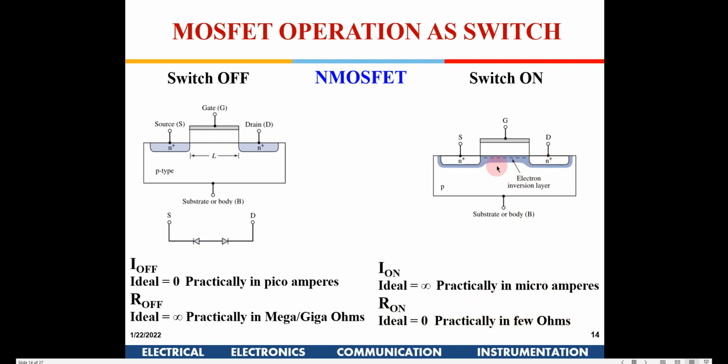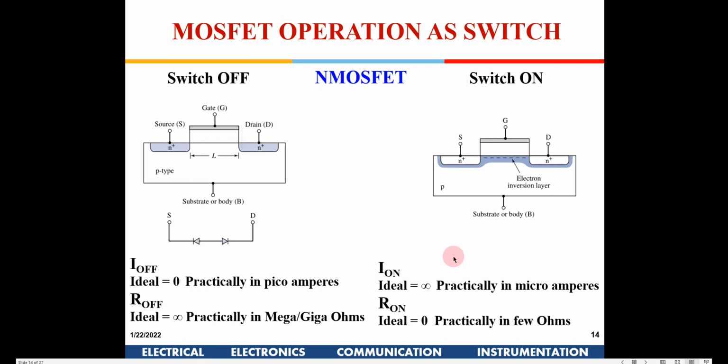With a mechanical switch, the moment you switch on, source and drain get shorted to each other, but here the current is limited by the ID equation which we have seen. The current in the channel is restricted by ID, so that is why you have something known as Ron.